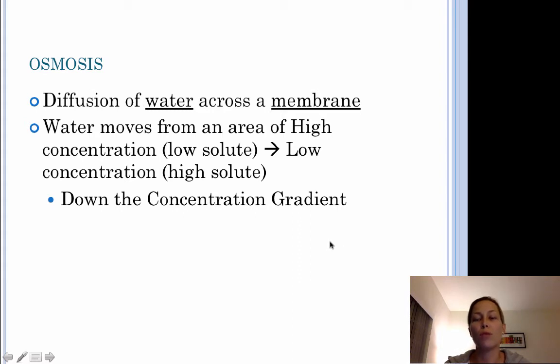Osmosis is the diffusion of water across a membrane. That's important. It specifically is dealing with water, and it's dealing with the movement of water across a membrane. Again, water is moving from an area of high concentration to an area of low concentration, or down the concentration gradient.